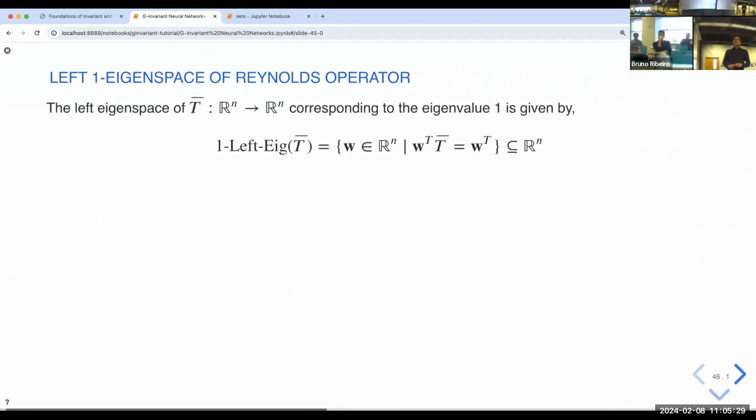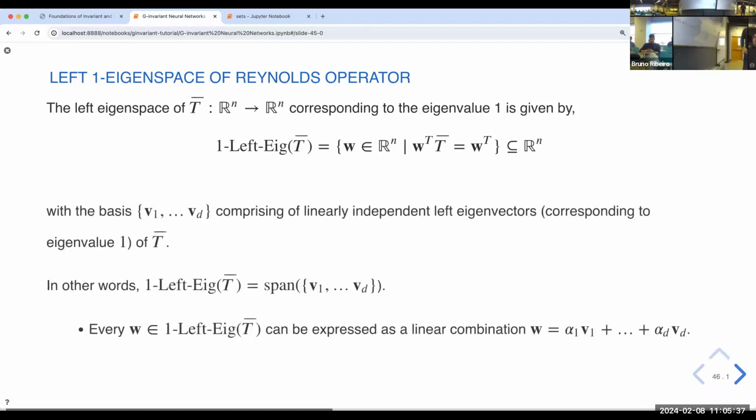Okay, so the left eigenspace of this T bar, our Reynolds operator matrix, with eigenvalue 1 is given by this. This basis comprises linearly independent eigenvectors corresponding to eigenvalue 1 of T bar, and the span of these eigenvectors will be essentially this eigenspace.